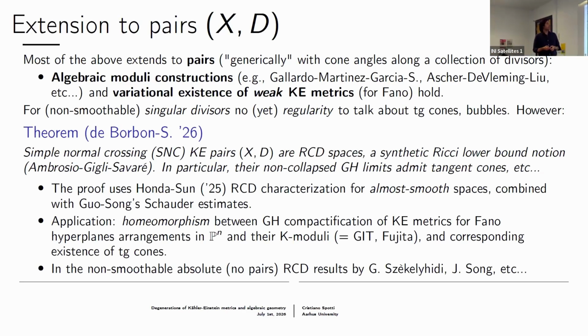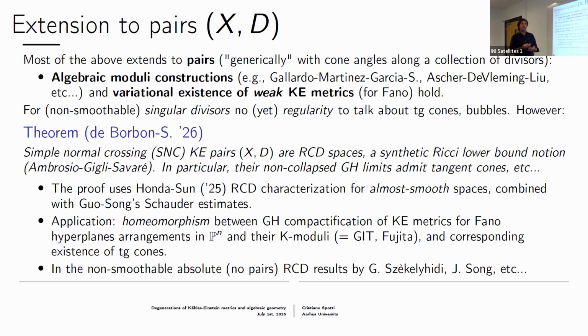And one can actually show that if you take some generic divisor, like a simple normal crossing divisor, the Kähler-Einstein metric turns out to be giving rise to RCD spaces. And being RCD spaces means that we can take the Gromov-Hausdorff limit, and the Gromov-Hausdorff limit with a metric tangent cone and so forth. So if one wants some higher dimensional version of the original picture, the obvious one would be the moduli space of hyperplane arrangements in P^n.